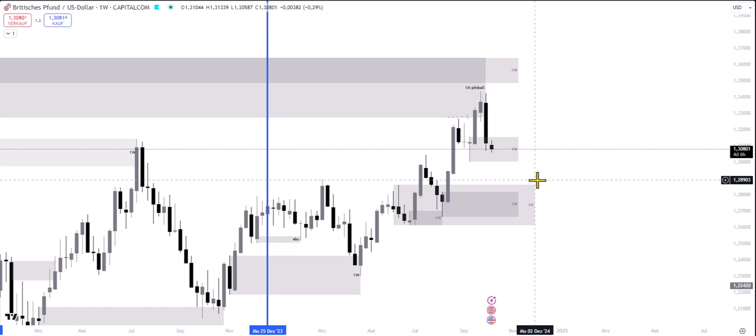So in this my first episode, I've just been able to analyze GBPUSD on the weekly time frame and on the daily time frame. So I'll go one time frame below today. I've analyzed the price on the monthly and weekly time frame, and I'll go again below to the daily time frame.